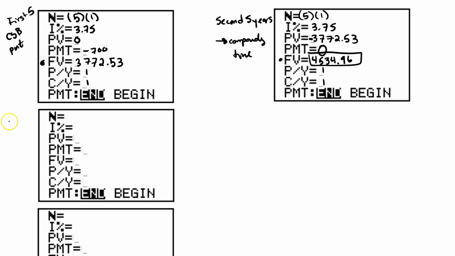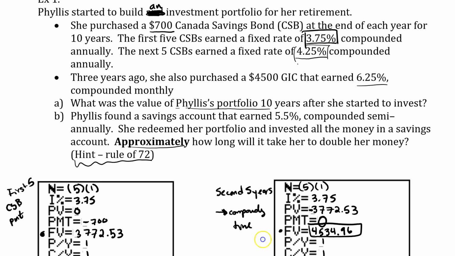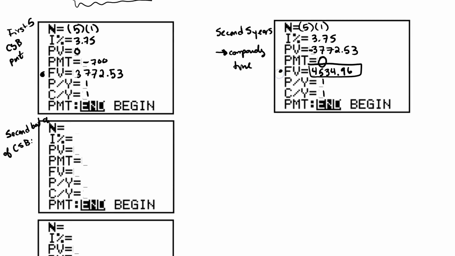What about the second batch of Canada Savings Bonds? Well, we're saying that it's still going to be $700 payment per year, but the only thing that changes here is the 3.75 changes to 4.25%, so our interest rate changes. So essentially I can copy this with one exception.